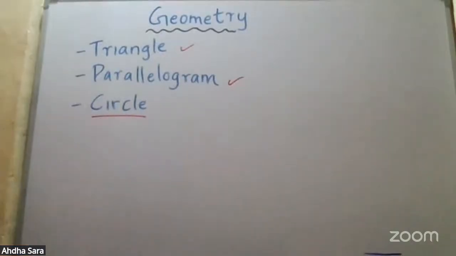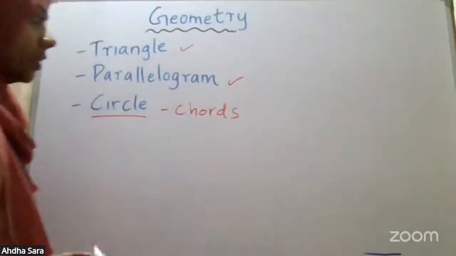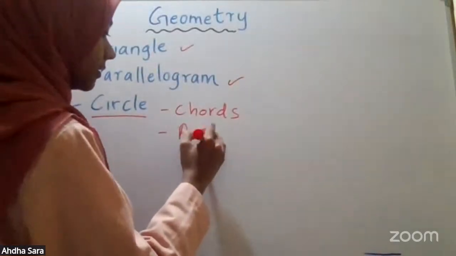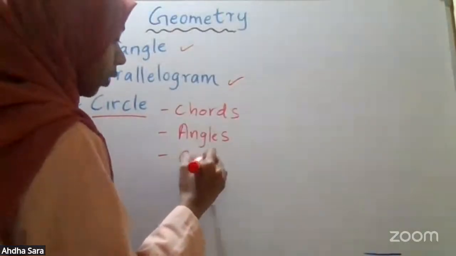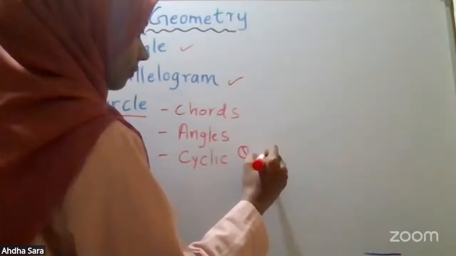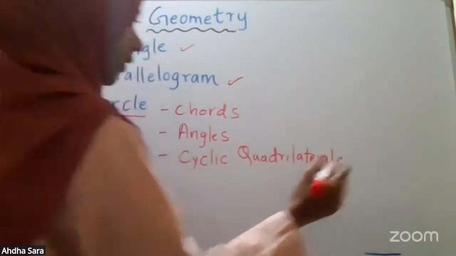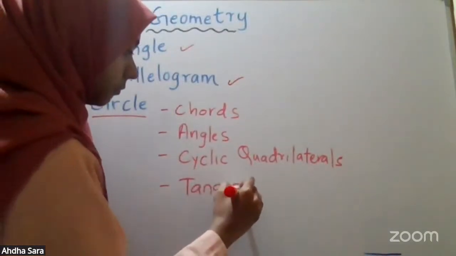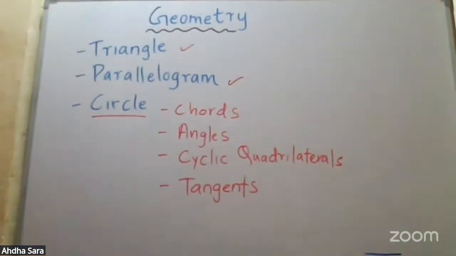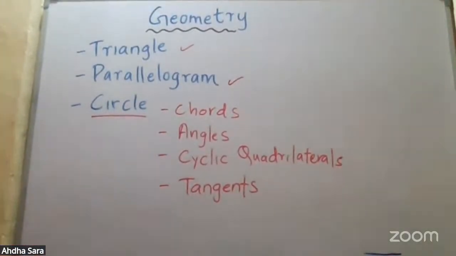Under the circle, we have chords of a circle, angles of a circle, then cyclic quadrilaterals, and then tangents. So in today's session, we will be discussing the theorems that come under circles.